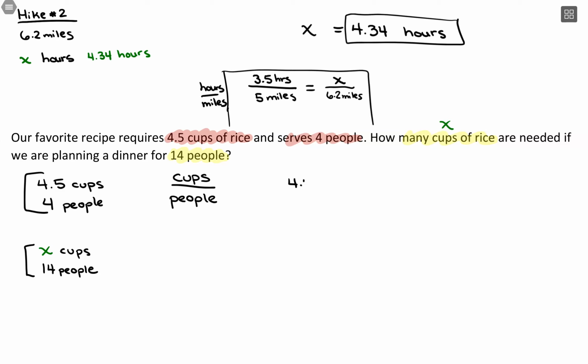So we have 4.5 cups to 4 people equals x to 14 people. Now in this case, all I need to do is get that 14 people away from x. So what I would do is multiply both sides by 14 people.